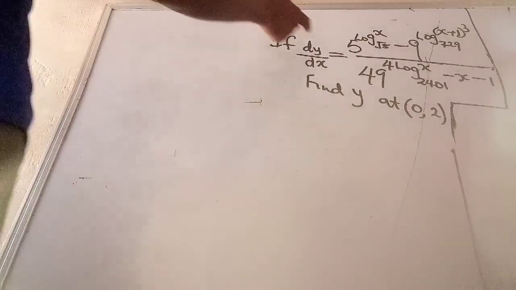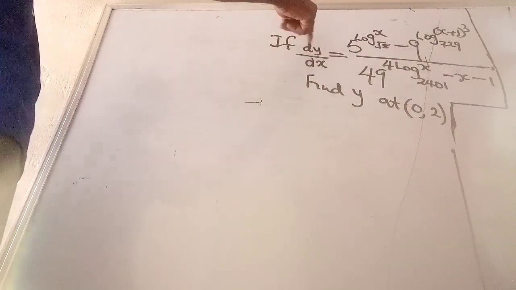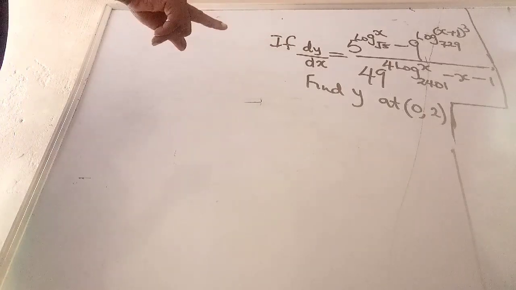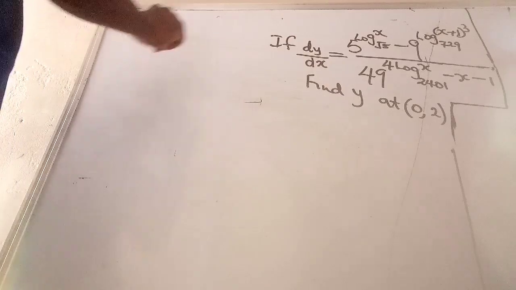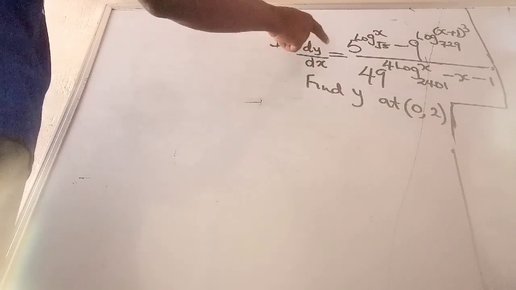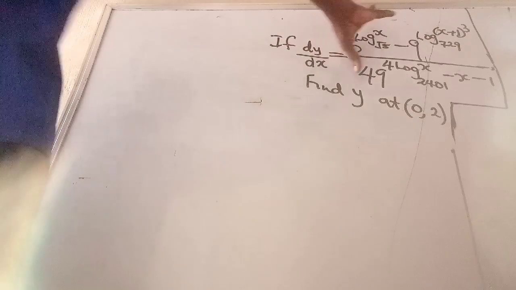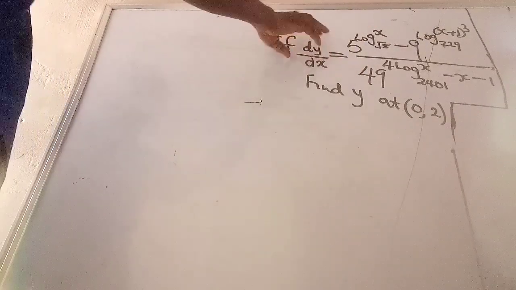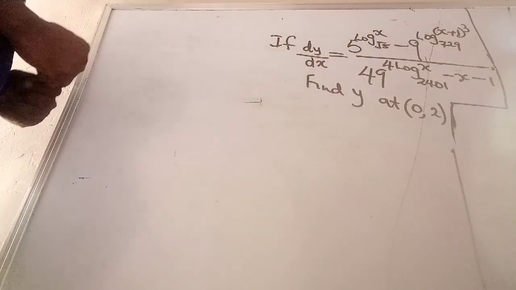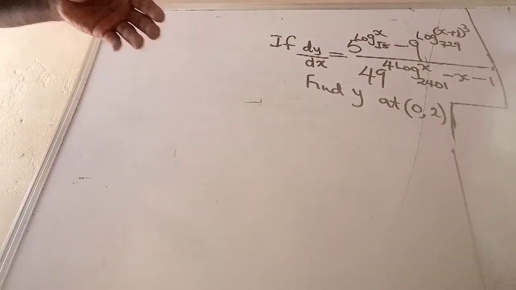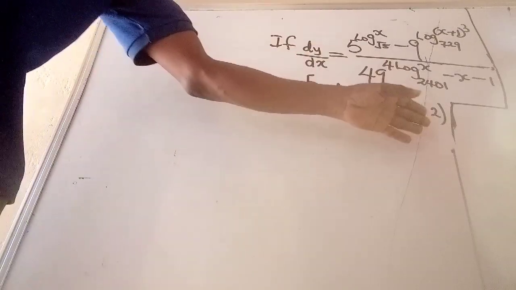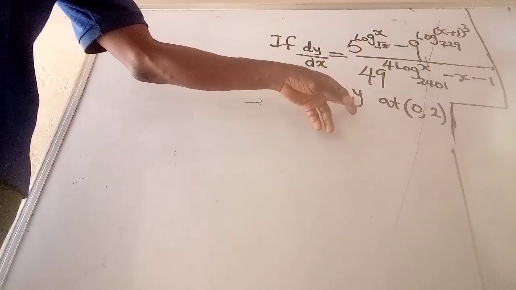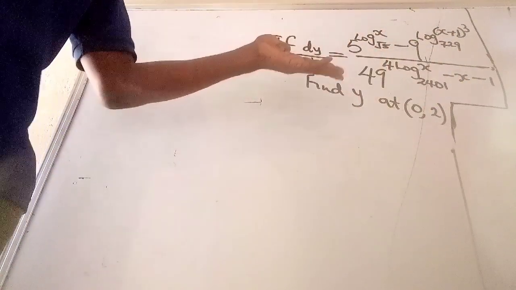Obviously, if we are given dy/dx, which is the derivative of y, it means y has been differentiated once to get the result. For you now to get y from dy/dx, that means you need to integrate. So what this question is asking us to do is to integrate the whole of this to get y. But this looks cumbersome.